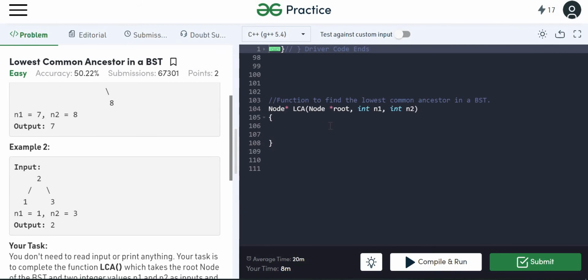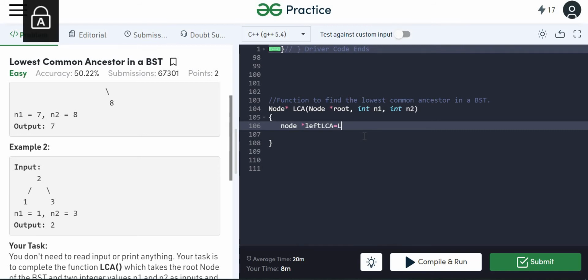Okay, so let's code it and understand the approach. I'm starting with simply creating two nodes. Node star leftLCA, and that will be equal to LCA of root left and n1 and n2 as it is.